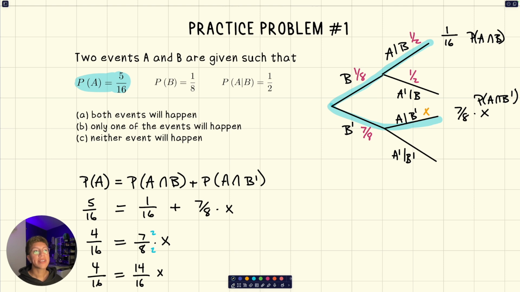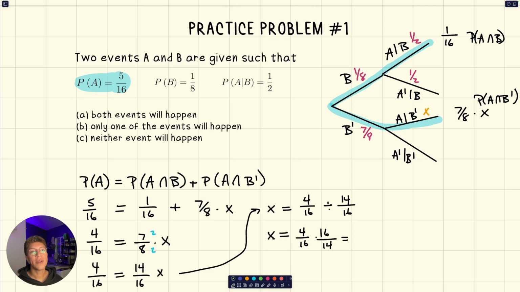And then to solve for x, we take our 14/16 and we divide it over to the other side. So we can say x is equal to 4/16 divided by 14/16, and using keep change flip, we get 4/16 times 16/14, and that gives us 4/14 after we cancel our top and our bottom.